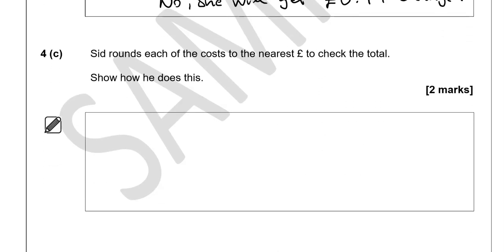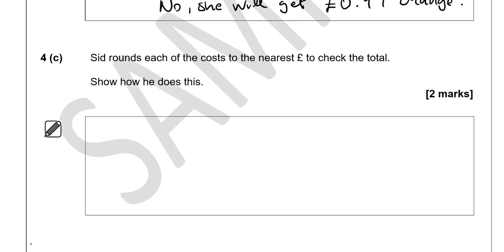Sid rounds each of the costs to the nearest pound to check the total. Show how he does this.